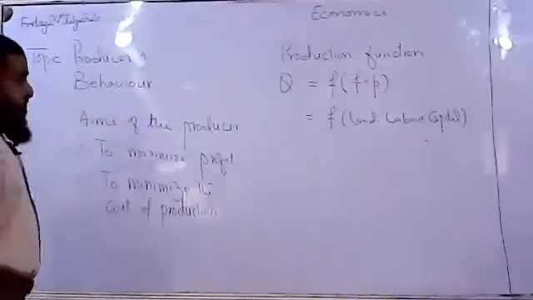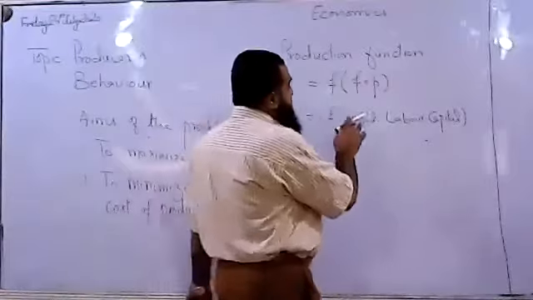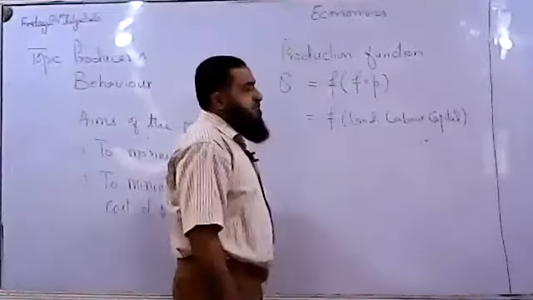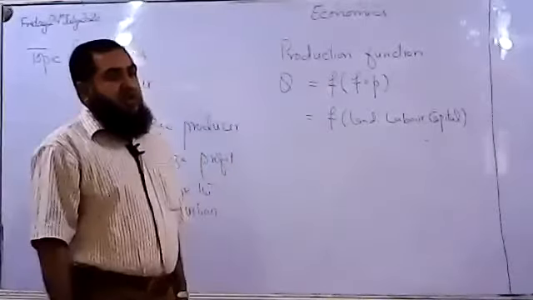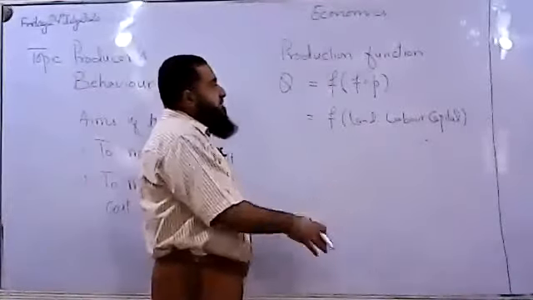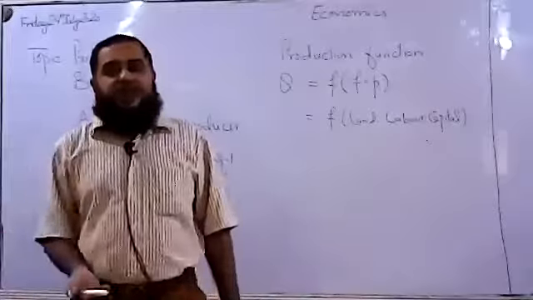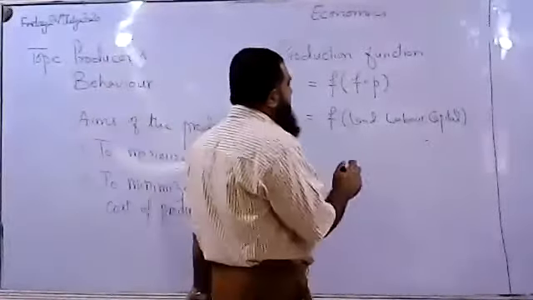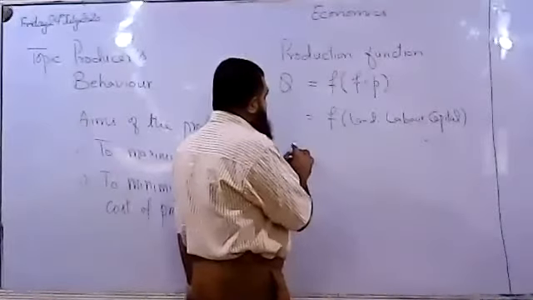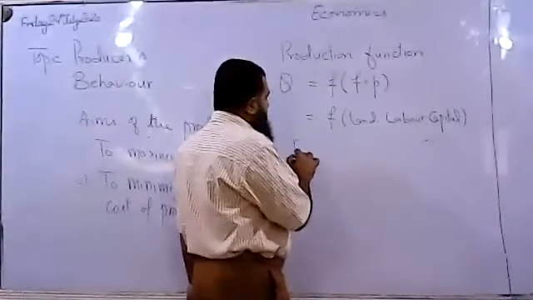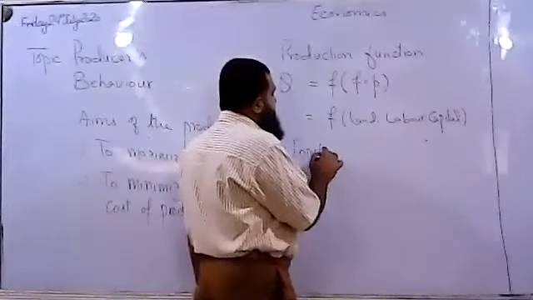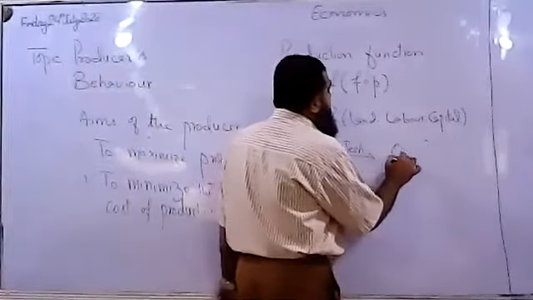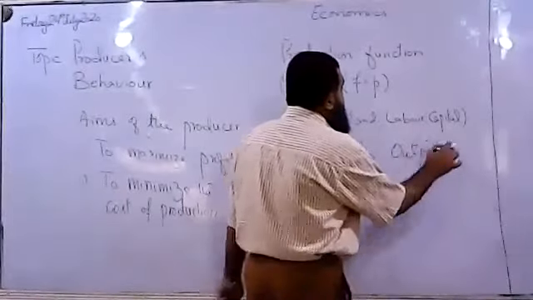So if the producer is increasing these inputs, these are actually the inputs of the production function. If he is increasing these inputs, definitely his output will also be increasing. So the inputs, when they are increased, are going to increase the production. So we can say the inputs are combined with the help of a technology to produce output.